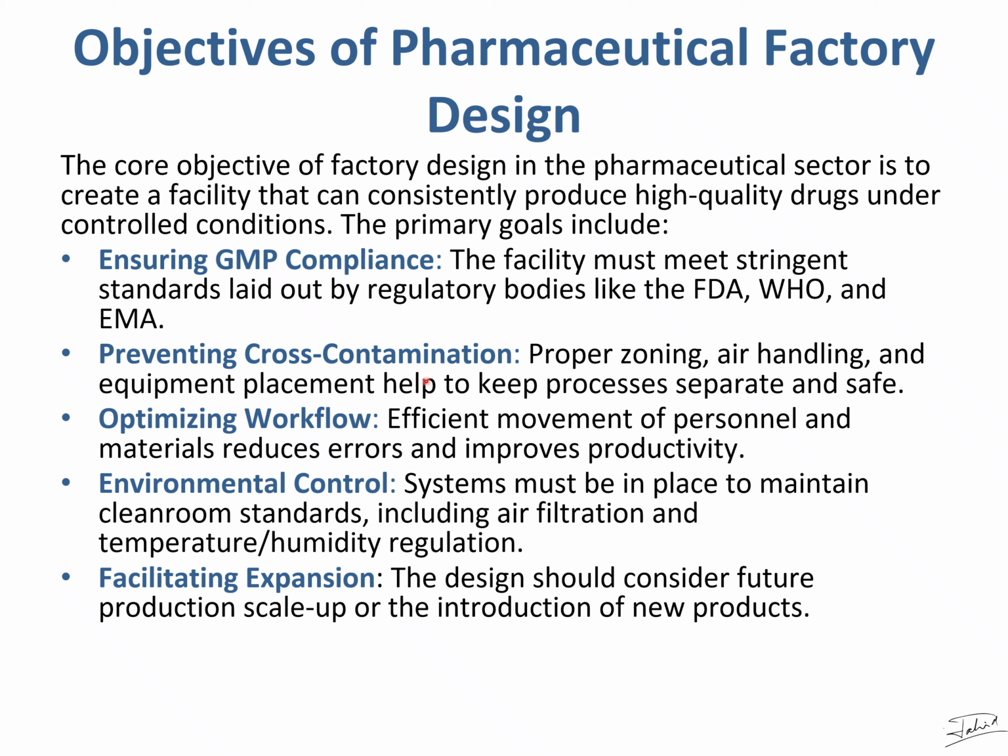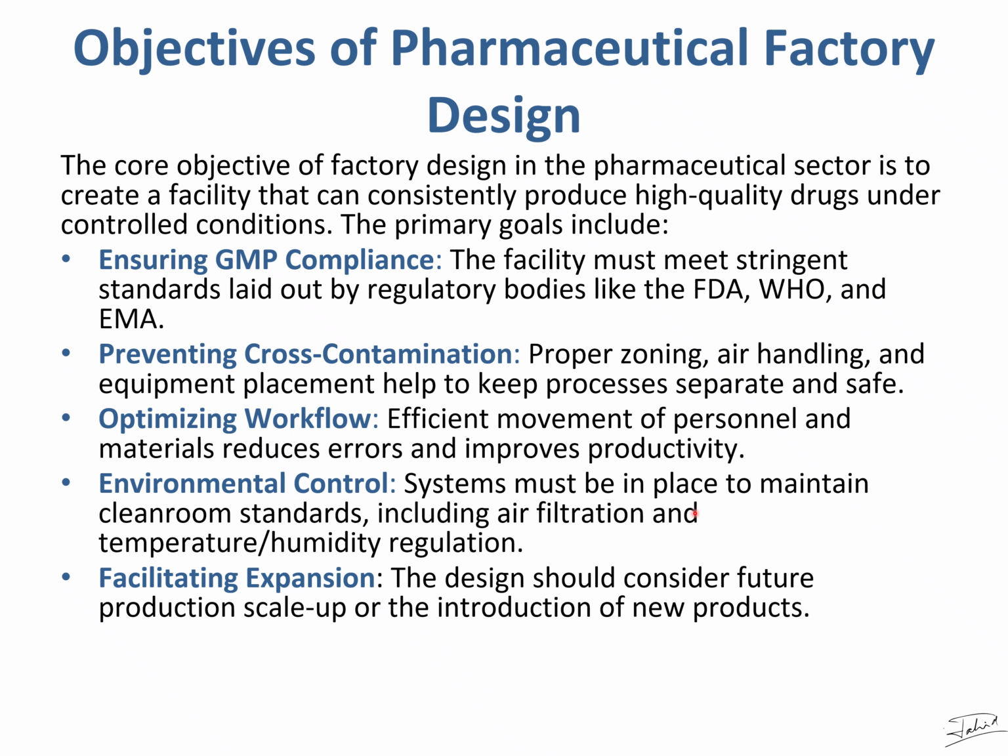Then preventing cross contamination, we have already said that proper zoning, air handling, equipment placement help to keep processes separate and safe. Then optimizing workflow. Okay, the personnel movement, the equipment movement should be efficient. Then environmental control. Systems must be in place to maintain clean room standards, including air filtration, temperature, humidity regulation.